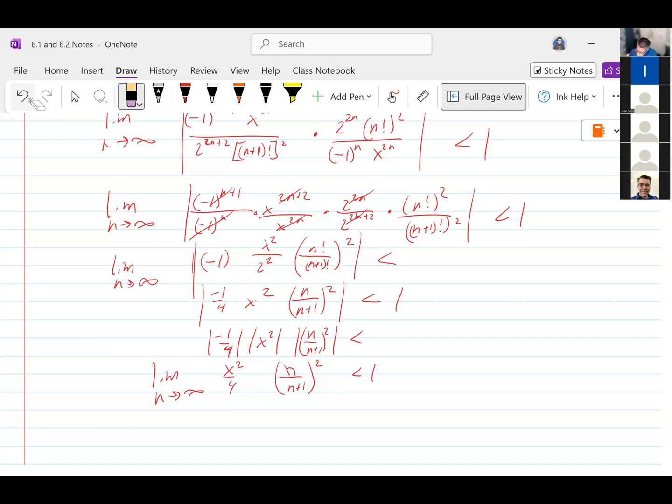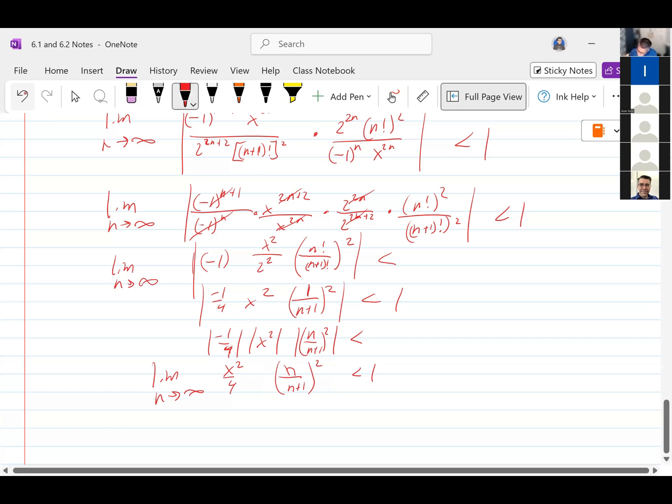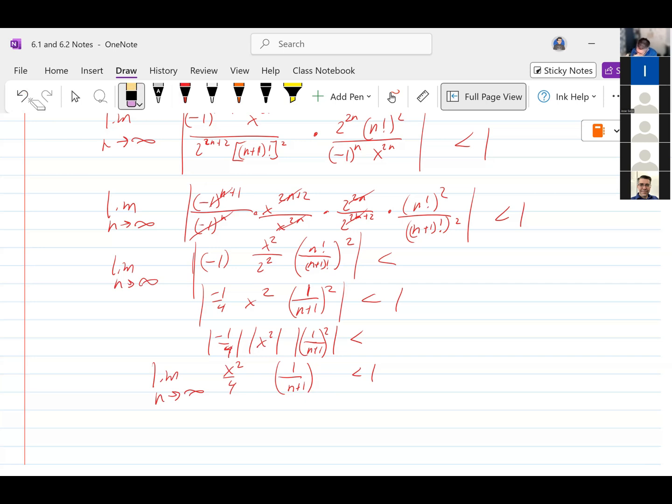Oh, you know what? It's not n over n+1. I'm so sorry. This is 1 over (n+1) squared, because the n factorial cancels out with the (n+1) factorial. The only thing that survives is the n+1.